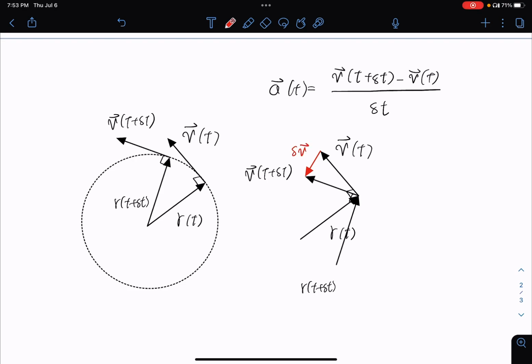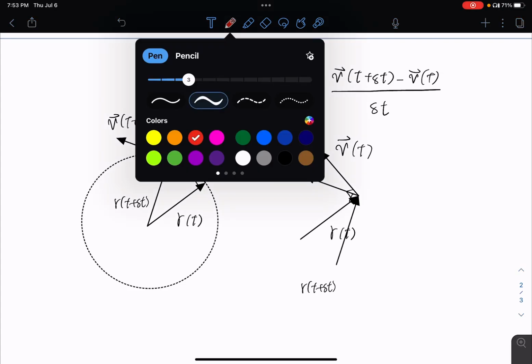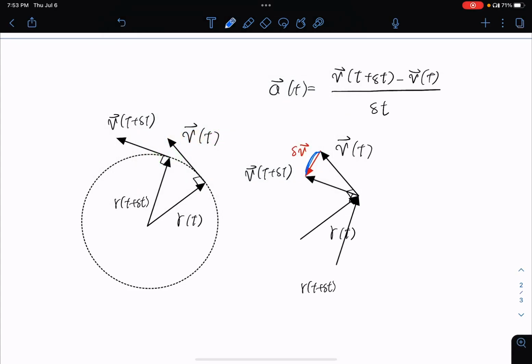If I want the magnitude, it's going to be the same as this arc length. If the angle here is very small, and it is going to be small because we are taking delta t to be small, and an angle after so small a time is going to be small. And that angle will be the same as this one.